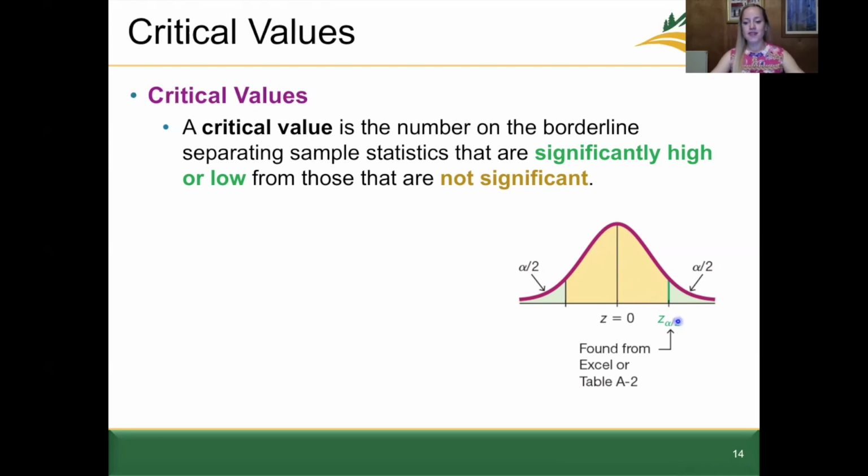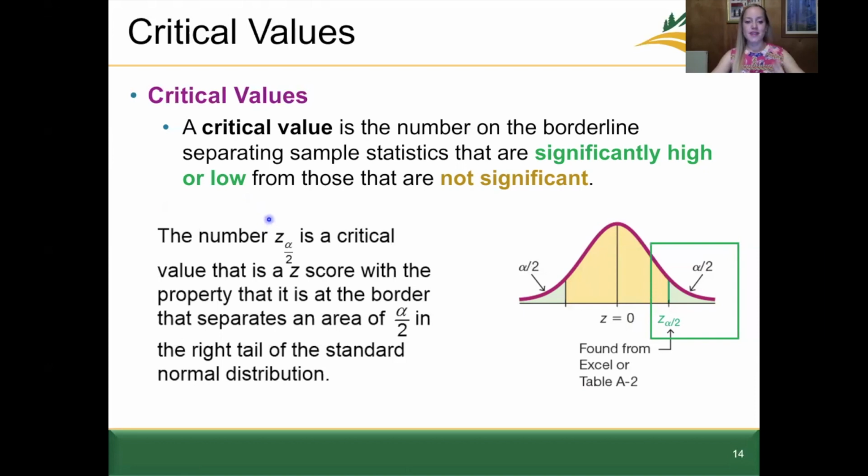You'll also notice that this alpha notation comes back again here in this visual. So now connecting this definition of a critical value to a sample distribution like this, then to the notation that describes a critical value, we say that the number z subscript alpha over 2 is a critical value that's a z-score with the property that it is at the border that separates an area of alpha over 2 in the right tail of the standard normal distribution.